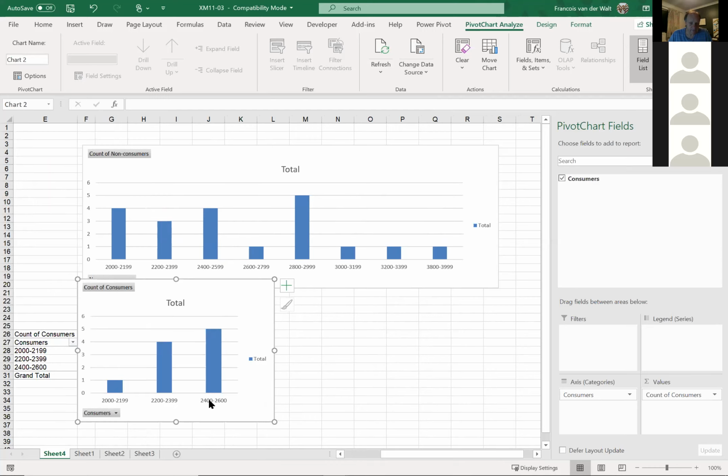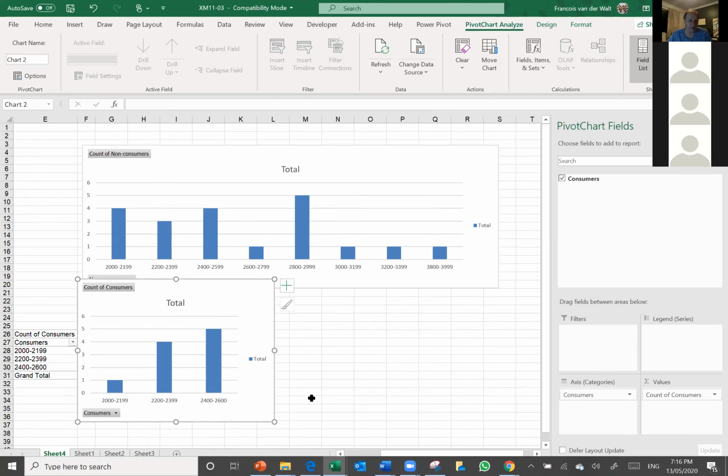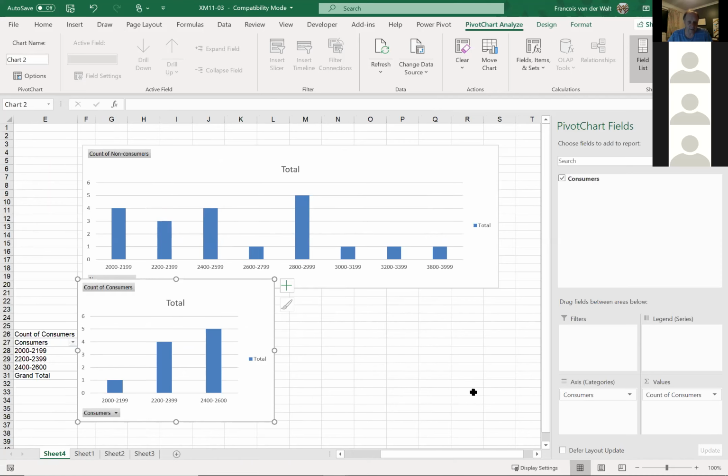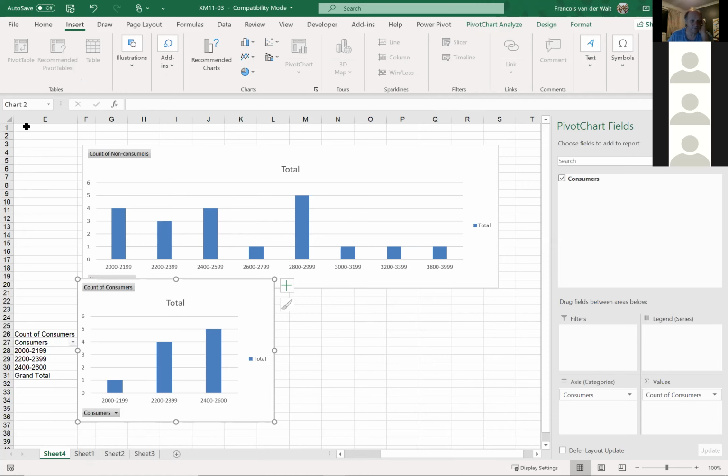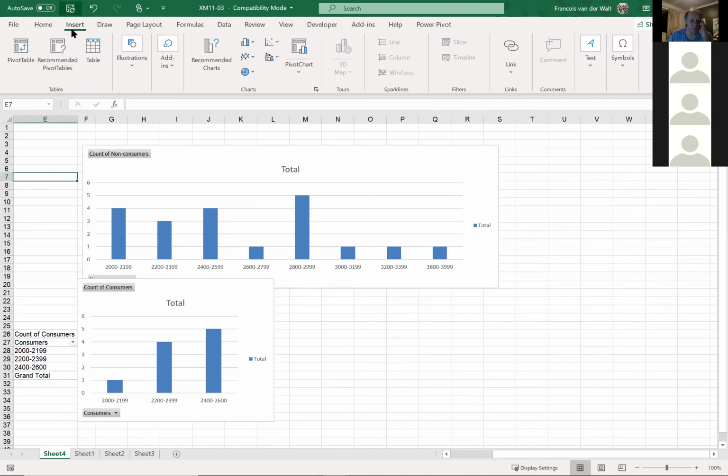Can you see that this 2,400 to 2,600 is in line with that one? And this one is in line with each other. If you just look with your eye, would you say the average of this one is higher than the average of this one? Yep.